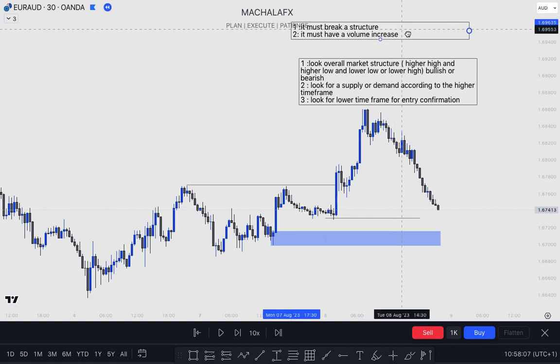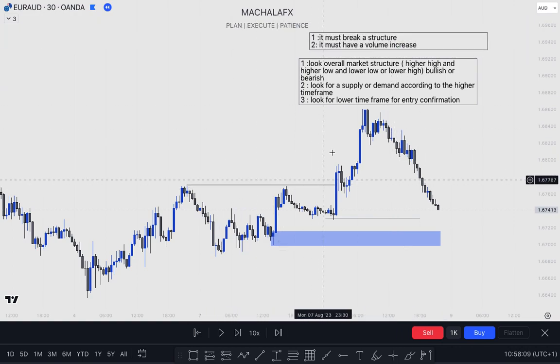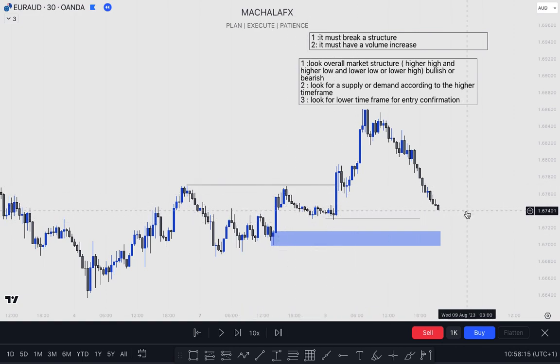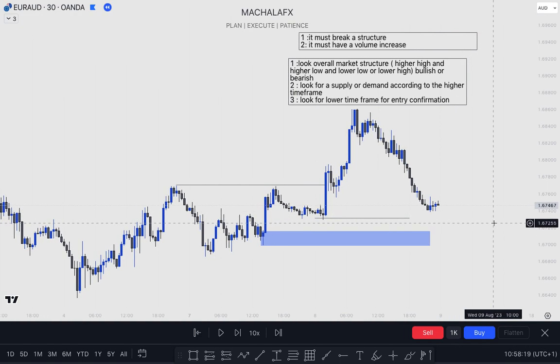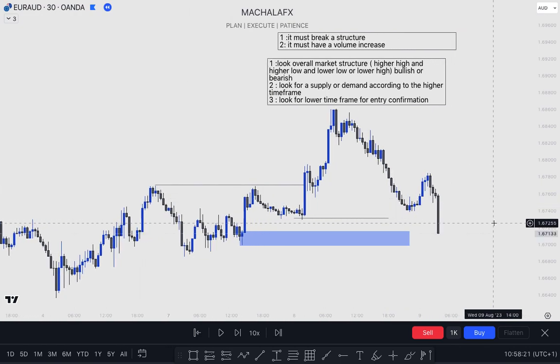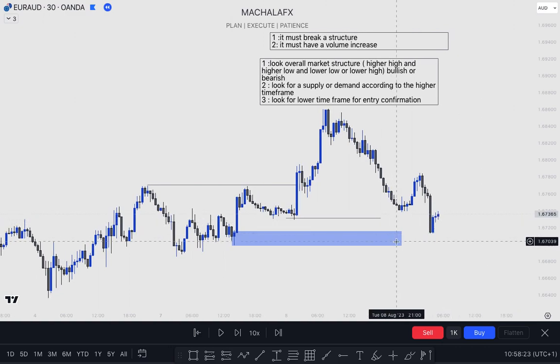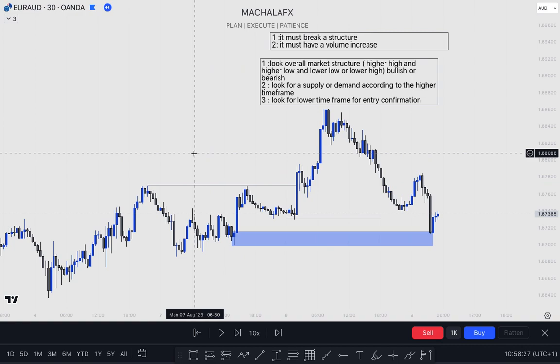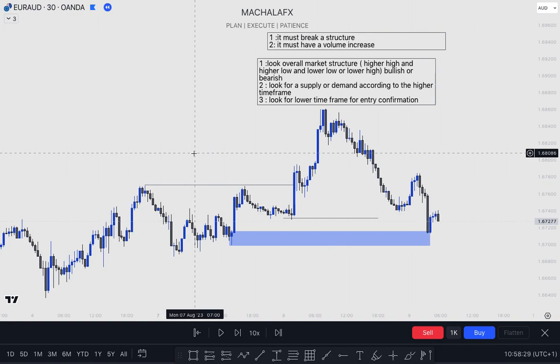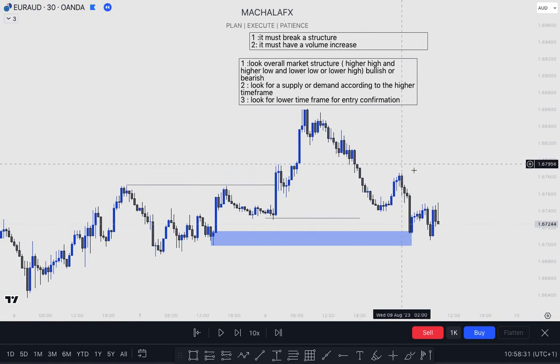Now remember this very important rule. We have a break of structure and we have a volume increase around here. Now let me replay this and see what happened. Okay. We tap into our 30 minutes zone. Okay.